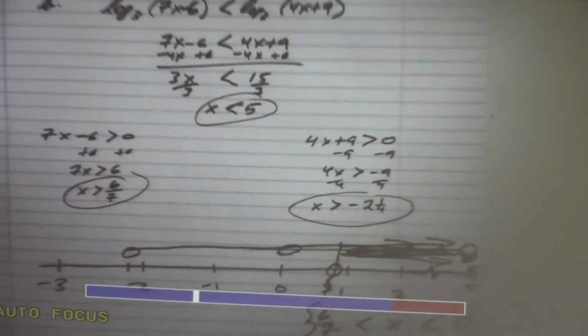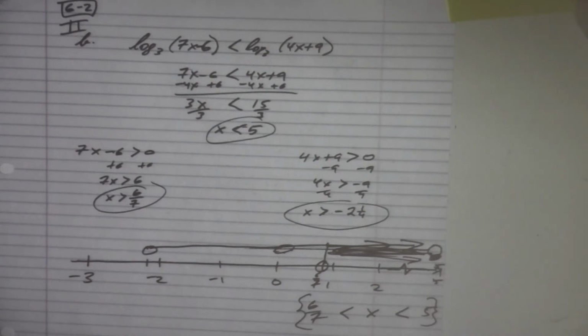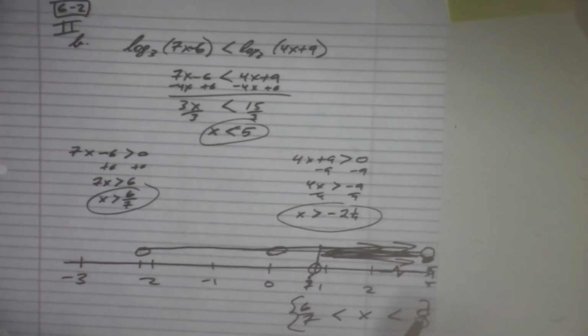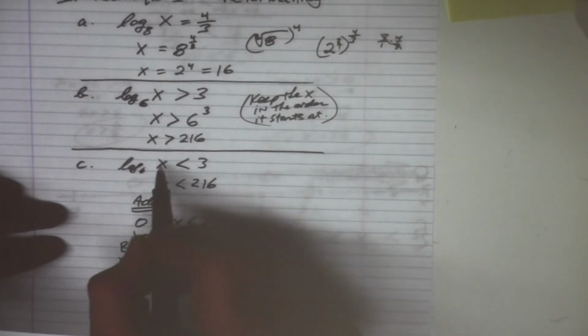So when you do an inequality, you have to account for this if there are restrictions on it. See, on the other one we did, let's go back to that one. This one here, we did the same restriction by saying it couldn't be negative. That was the only thing we had to worry about. This x has to be greater than 0.